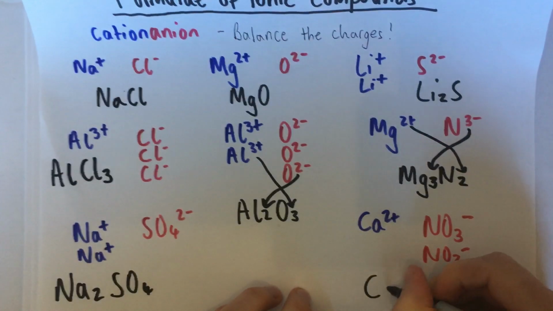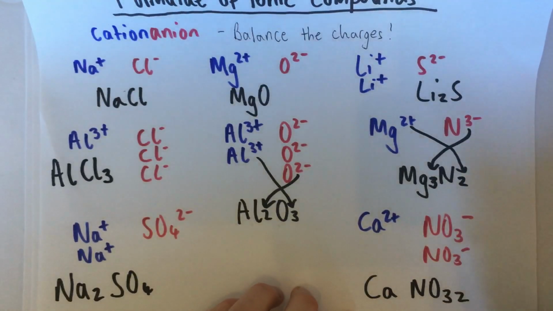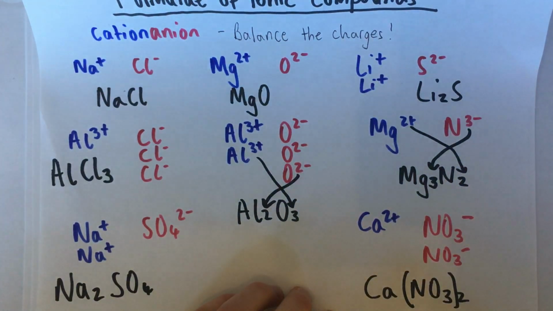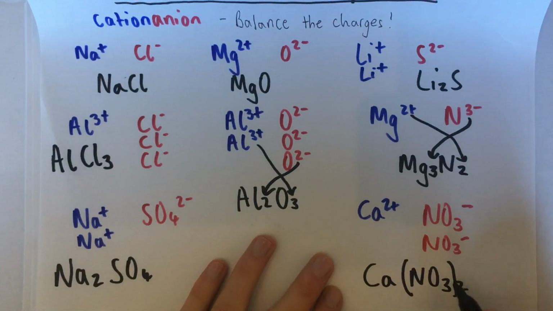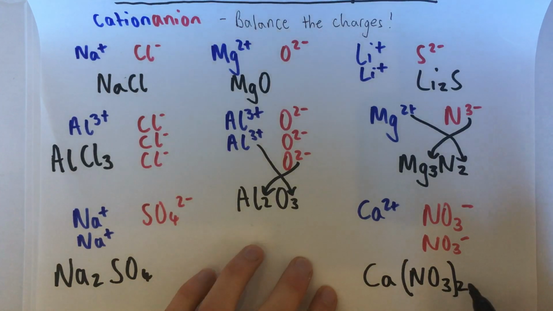So the formula is going to be Ca(NO3)2. The really important thing here is that you put brackets around the NO3. That tells us that that 2 there applies to everything inside those brackets. So there's 2 nitrogen atoms, because 1 times 2, and there's 6 oxygen atoms, because 3 times 2. Really important that you put the number there.